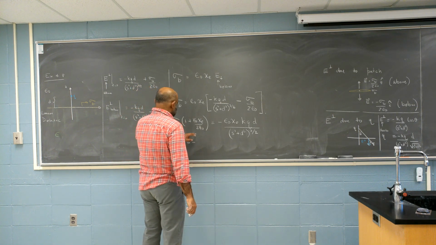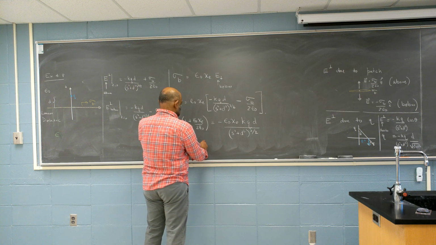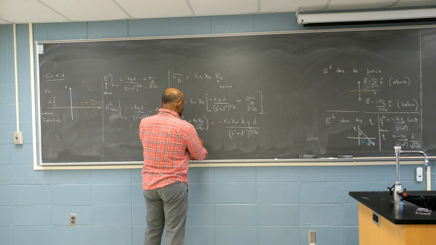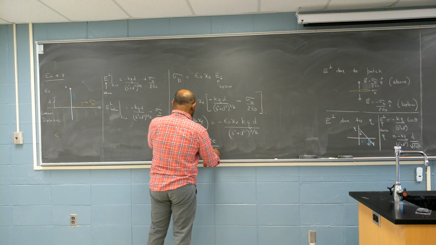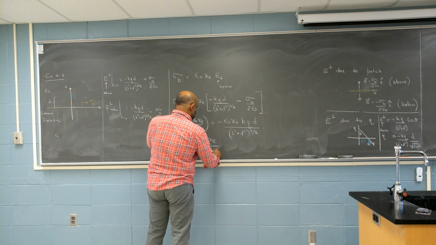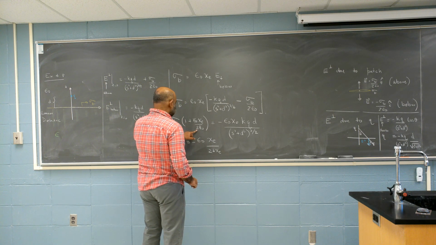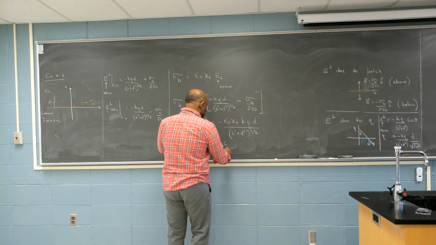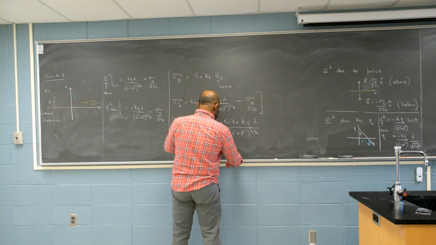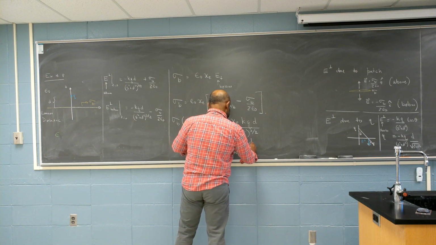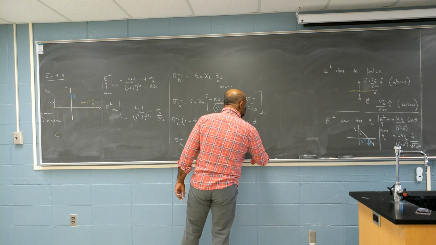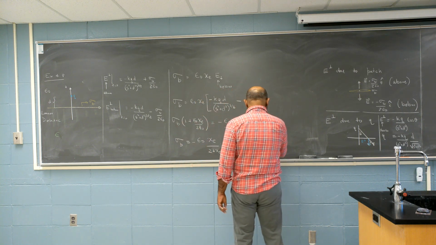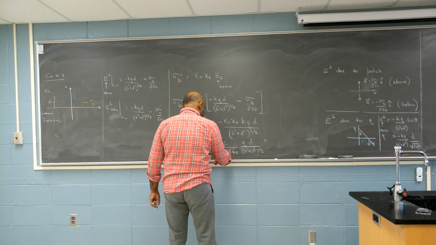Minus, what is this going to be? I have epsilon naught, I have a chi e over here, and then I have 2 plus chi e, and then I have a 2 over here, then I have k, which is 1 over 4 pi epsilon naught, q d over s squared plus d squared to the 3/2, and we will make sure that we check the math. The epsilon naughts would cancel.